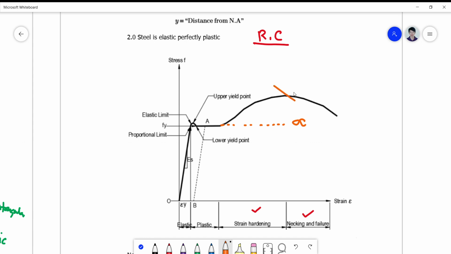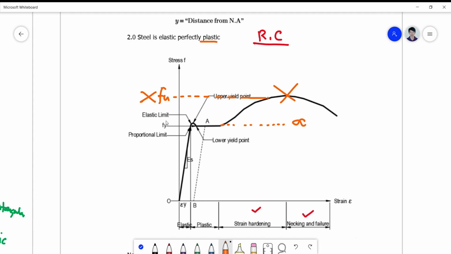So this part here is no longer used, such that we will notice that your Fy cannot go beyond Fu. In reinforced concrete design, you still have an Fu here, but we don't use this because the assumption is only up to the plastic part.